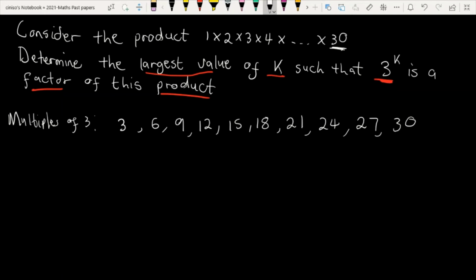So now we're going to break down the multiples, because we want to identify the factors that make the product.